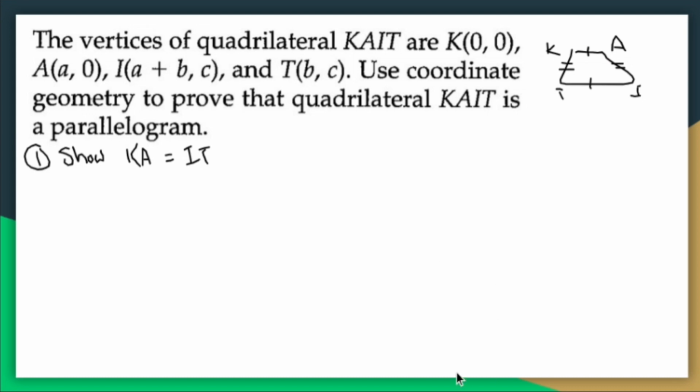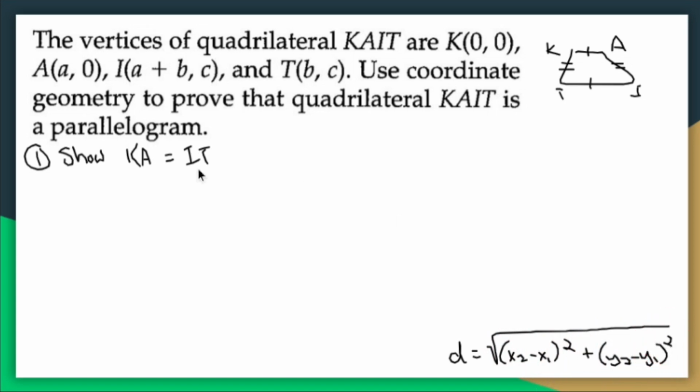Okay, so let's write out the distance formula down here. The distance formula is square root of x sub 2 minus x sub 1 squared plus y sub 2 minus y sub 1 squared.